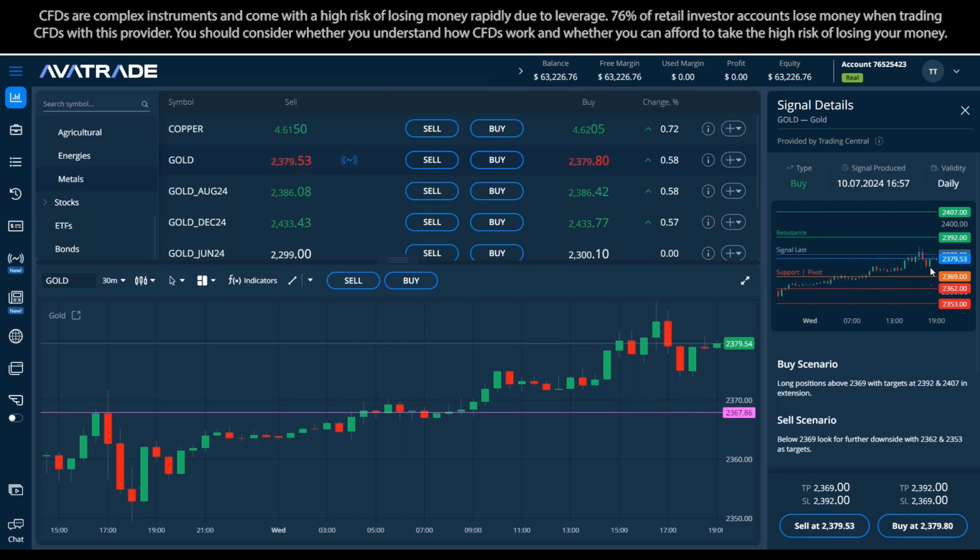I would perhaps buy on this because the fundamentals maybe are behind it. The technical signal from Trading Central looks like it's set up nice, and my own technical analysis looking at the support and resistance levels looks like it is an uptrend and maybe an opportunistic entry point because it pulled back recently within that uptrend.